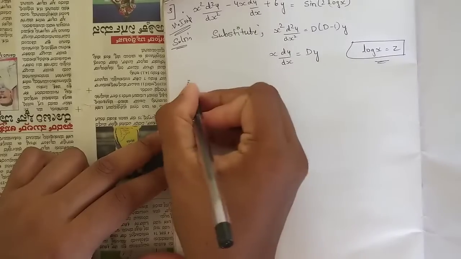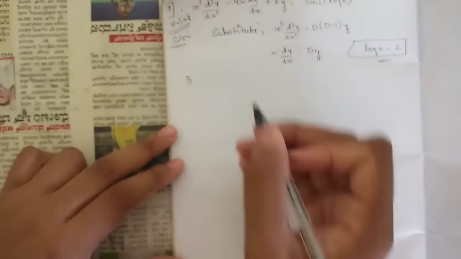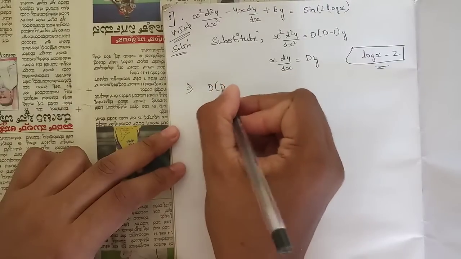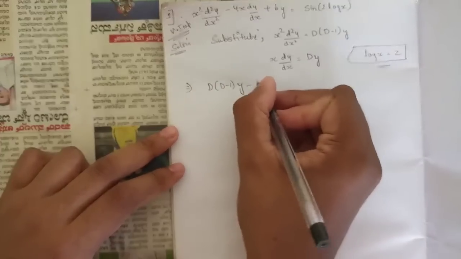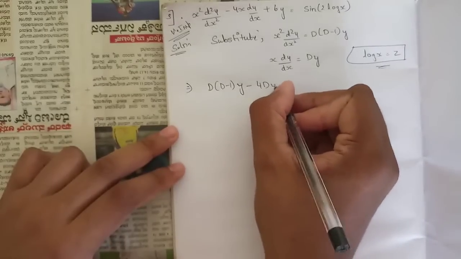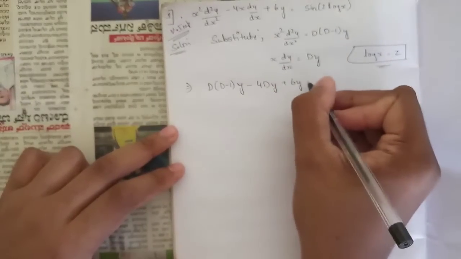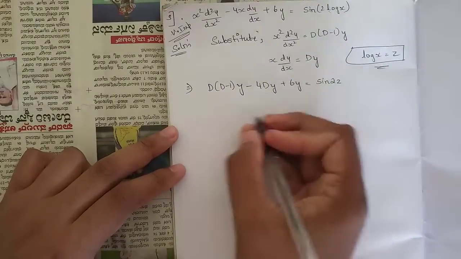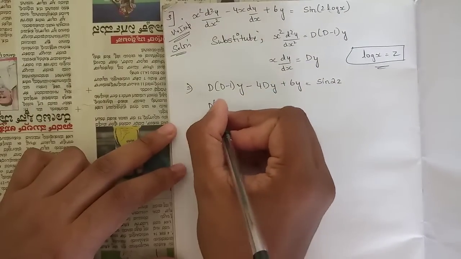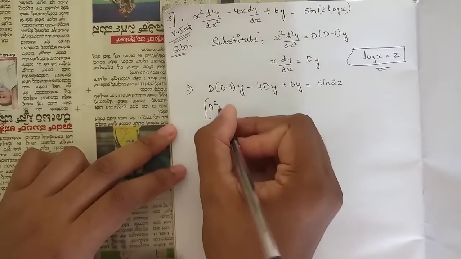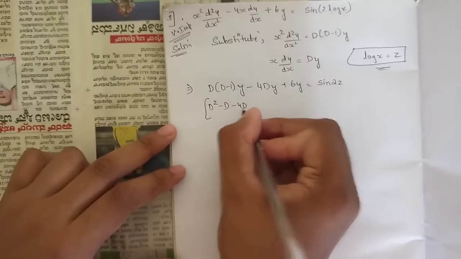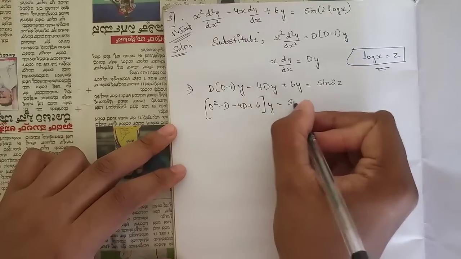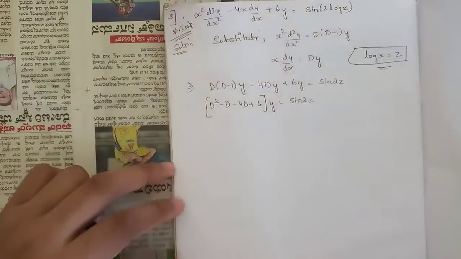Now let's write the substituted terms: D into D minus 1 into y minus 4Dy plus 6y equal to sine of 2z. So D square minus D minus 4D plus 6y equal to sine 2z.